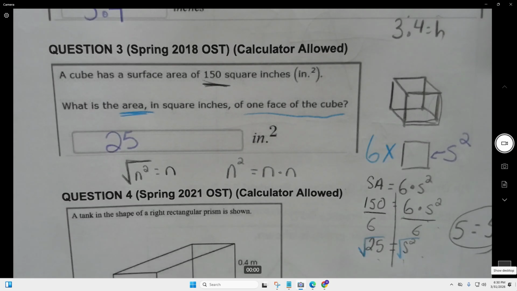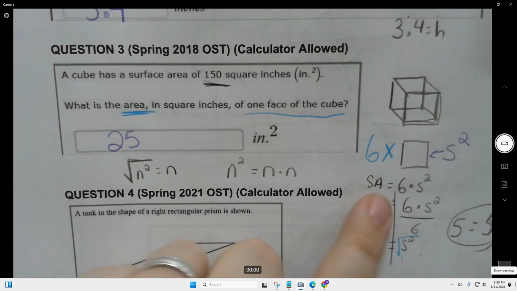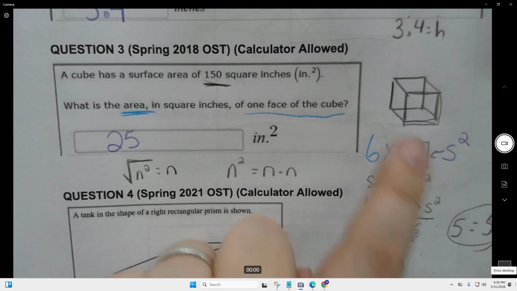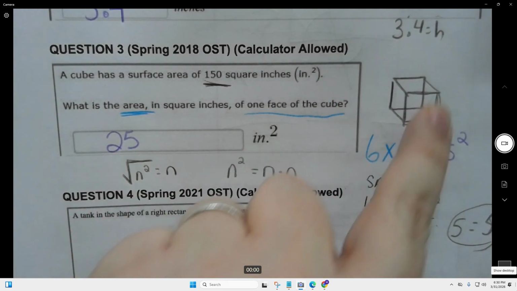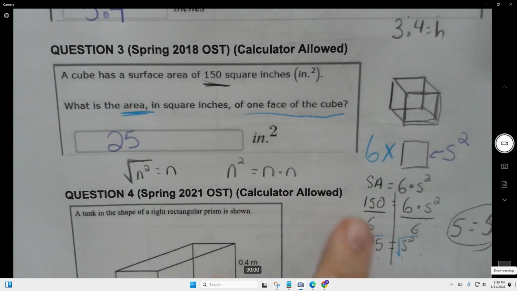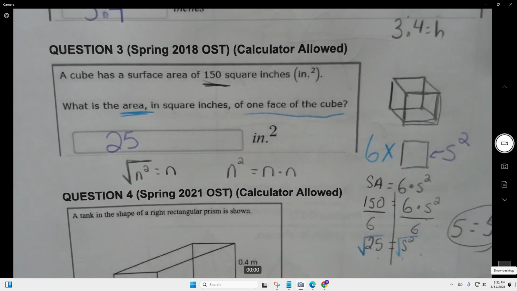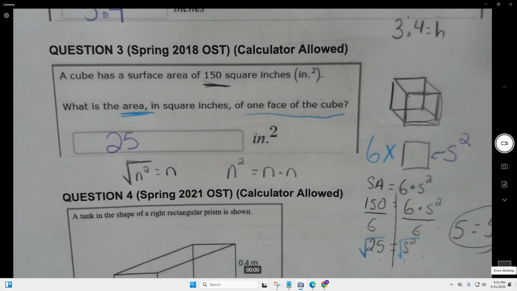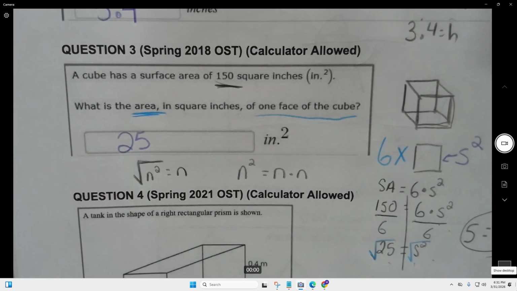Even I can get so hyper-focused on one thing that I either go too far or I come to the wrong conclusion. This stopped as soon as we figured out that this was made up of 6 squares, and then we just divided by 6. That was all we needed to do. 150 divided by 6 is 25. That was it. Read the question.